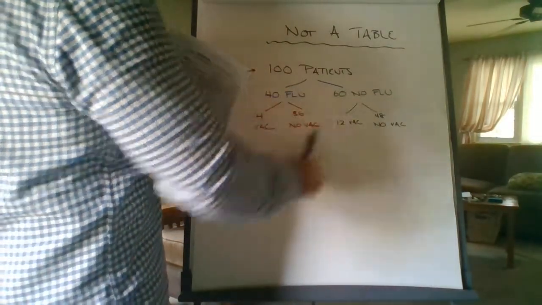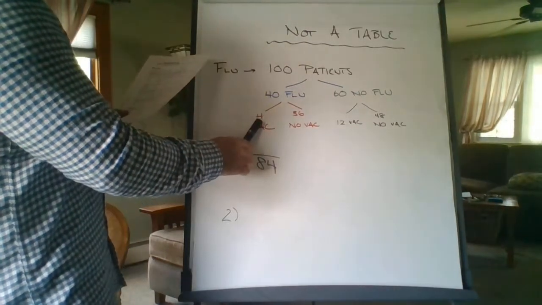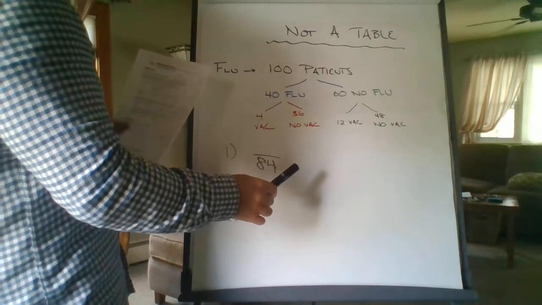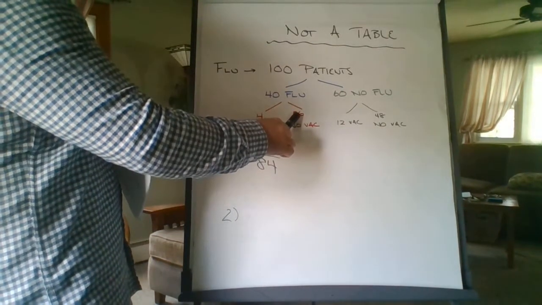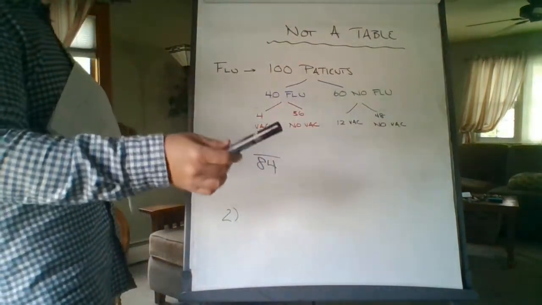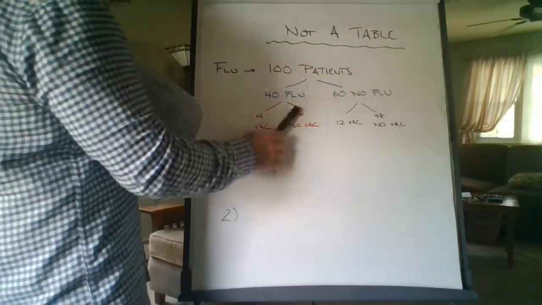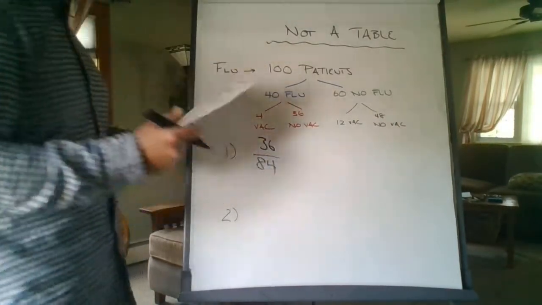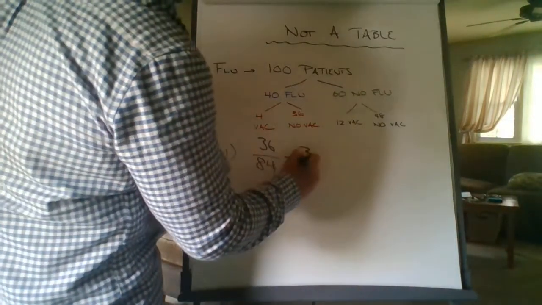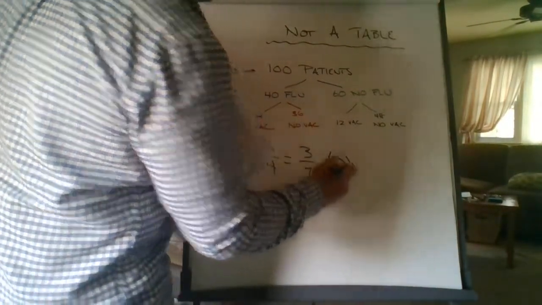So that means 84 did not receive the vaccine. How many of those got the flu? Oh, so it's 36. How many of these people did not get the flu? Those 48 did not. Those 36 did. So it's 36 out of 84. 36 out of 84, when I'm done reducing, comes down to 3/7. And 3/7 when I compare it to the decimals is B, 0.43.